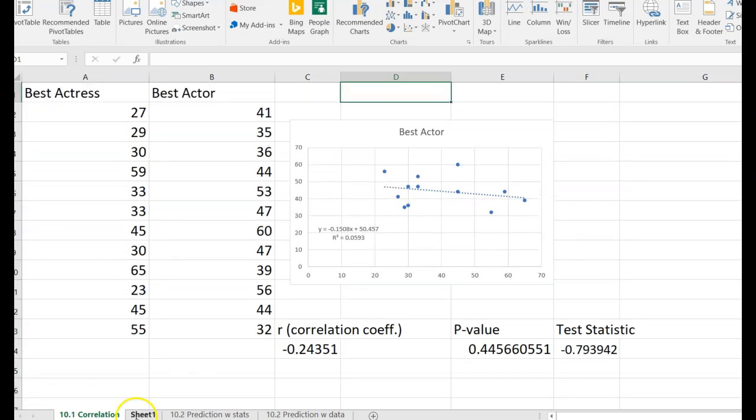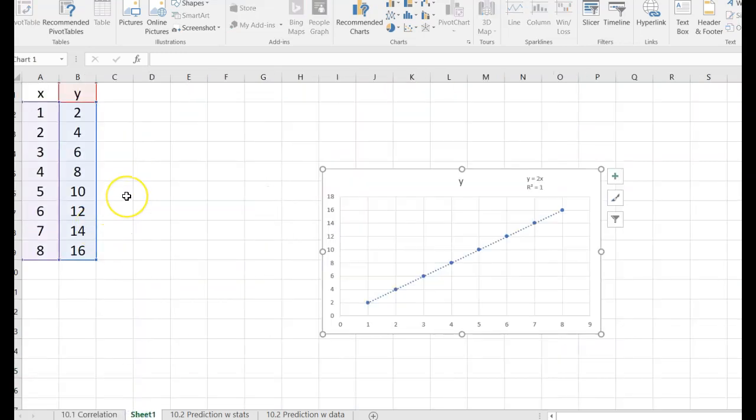So if I just make a data set, for the x's, I just do 1, 2, 3, 4, 5, 6, 7, 8. And then for y, I double x. So 2 times 1, 2 times 2, 2 times 3, all the way down. Well now, yeah, a line's going to explain this perfectly because as x got bigger, so did y.